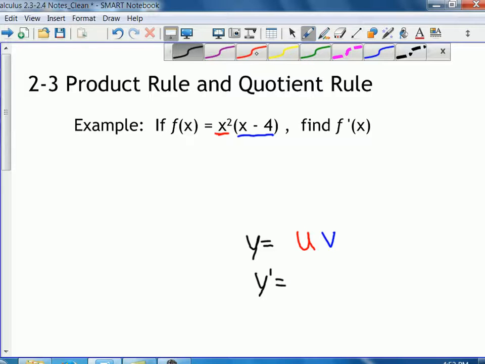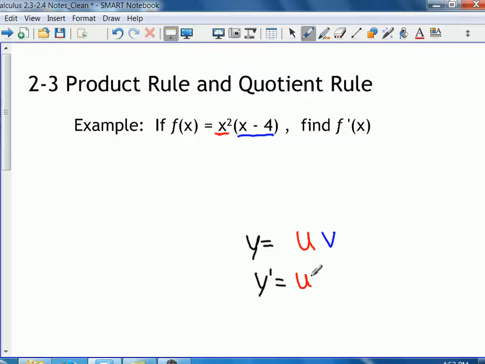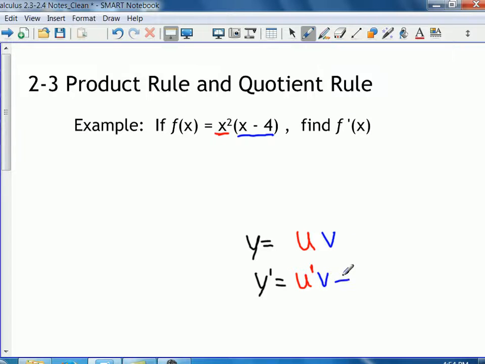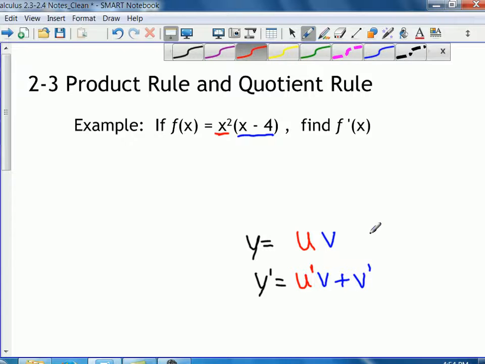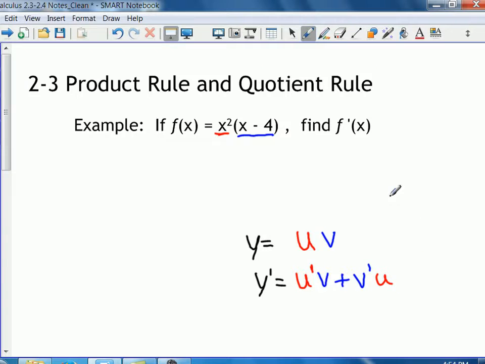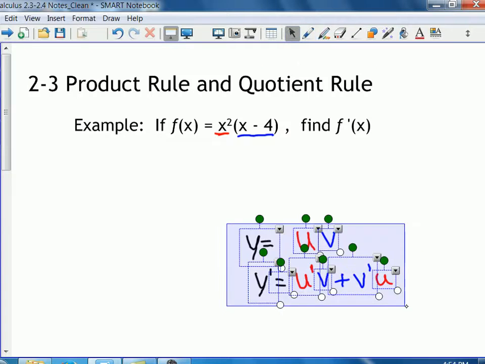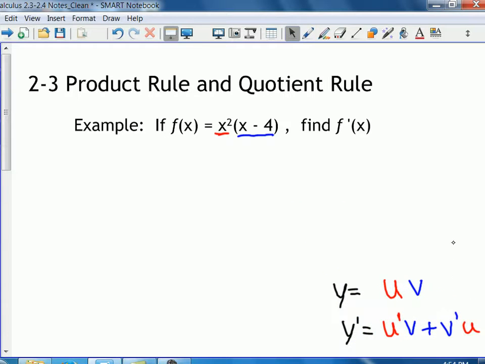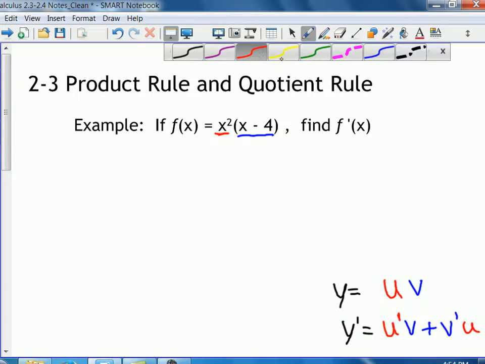I'm going to take the derivative of the first, which would be u prime, not a tick mark or an exponent of 1, times the second, and then plus the derivative of the second, v prime, times the first. So that's basically the product rule in a nutshell. You're taking the derivative of the first times the second, plus the derivative of the second times the first.